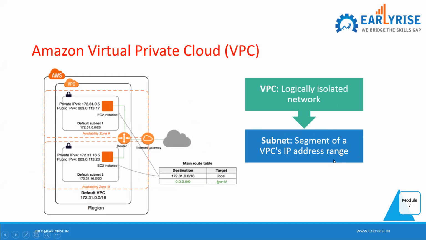What is the benefit of a subnet? It gives us further isolation. We had the VPC within the entire AWS cloud, and this VPC has given us some kind of isolation. Within that VPC, we have different subnets, and those subnets will also give us further isolation, right?